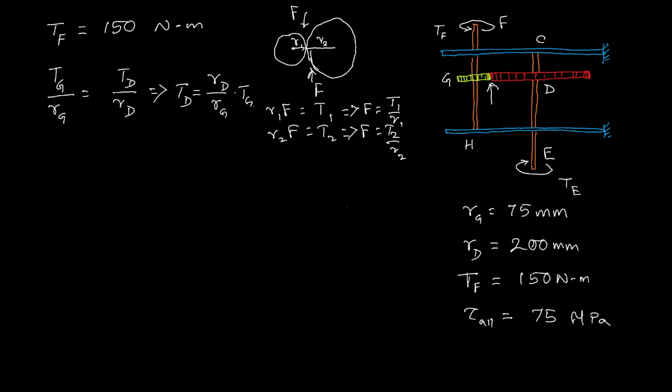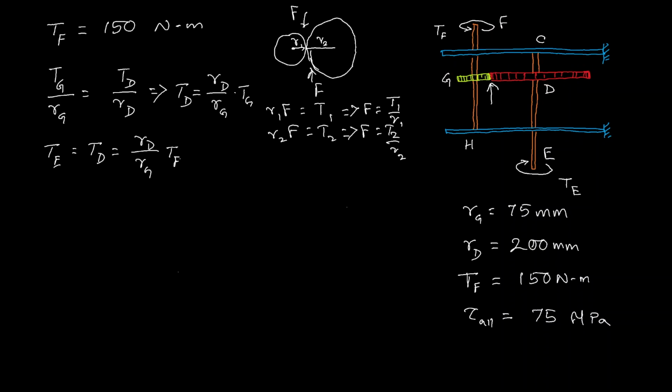So the torque at E, which is the same as the torque at D, is equal to RD over RG times TG, which is again equal to TF.